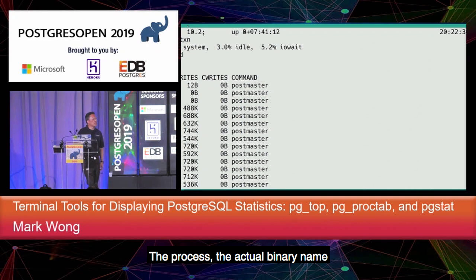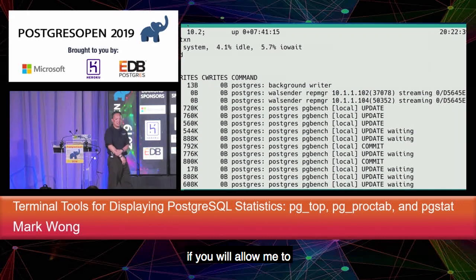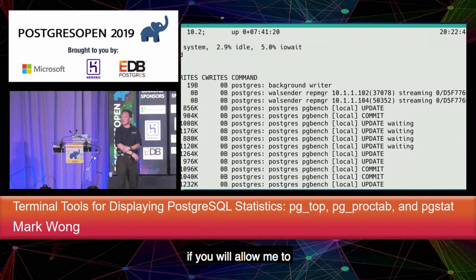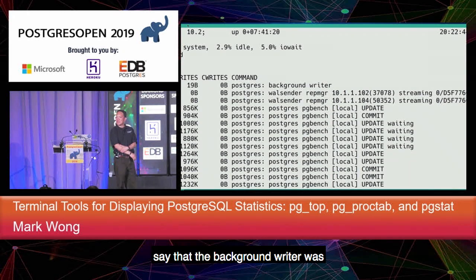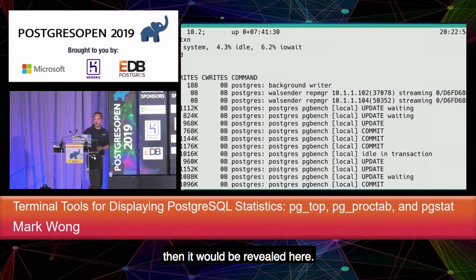The actual binary name is probably not going to be as helpful in those scenarios, but if the background writer was creating the most write I/O requests, then it would be revealed here.